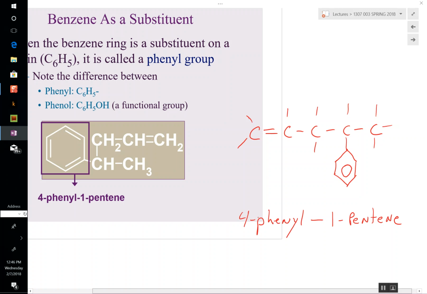You can see the YL is almost always used, always gives you an indicator. This is the name of a substituent on the side of the chain. So when you see a benzene ring like that, we call it a phenyl.